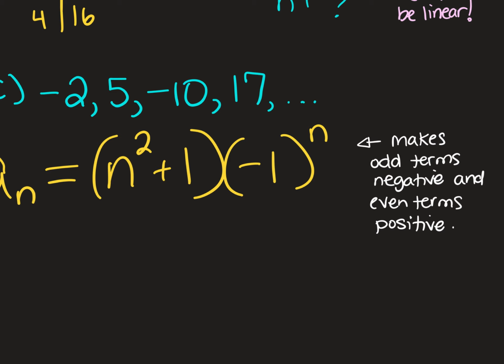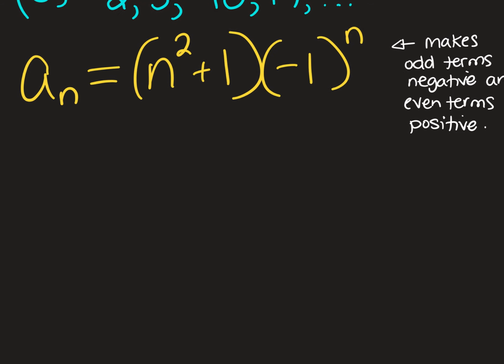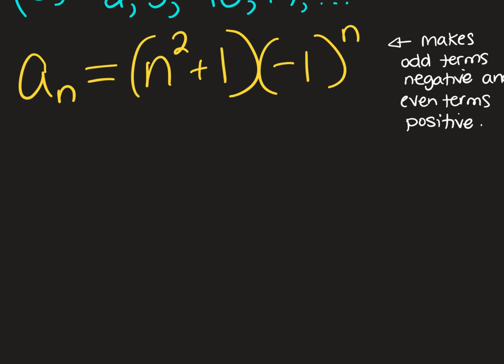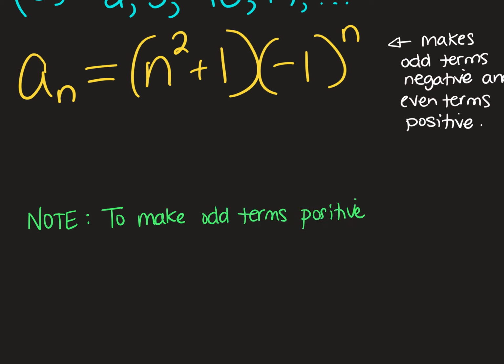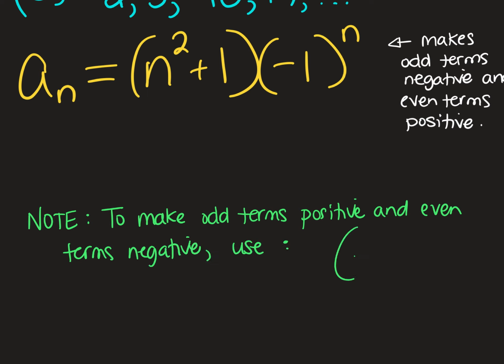So we can make one little change to this. Okay, so one little minor change. So let's say we wanted to make odd terms positive and even terms negative, then we would use this: -1 to the n plus 1 power.